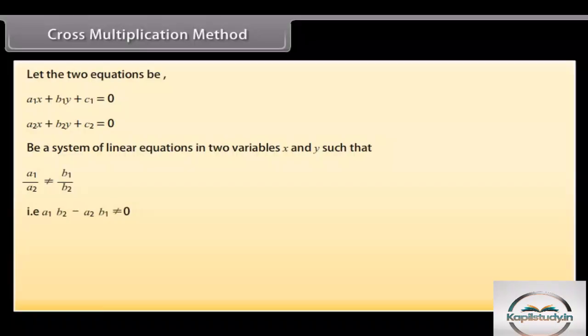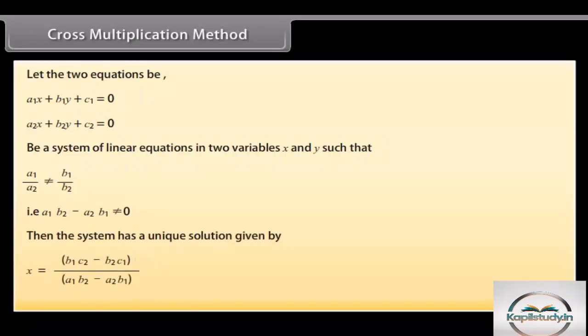That is, a1 b2 minus a2 b1 is not equal to 0. Then the system has a unique solution given by x is equal to b1 c2 minus b2 c1 whole upon a1 b2 minus a2 b1, and y is equal to c1 a2 minus c2 a1 whole upon a1 b2 minus a2 b1.